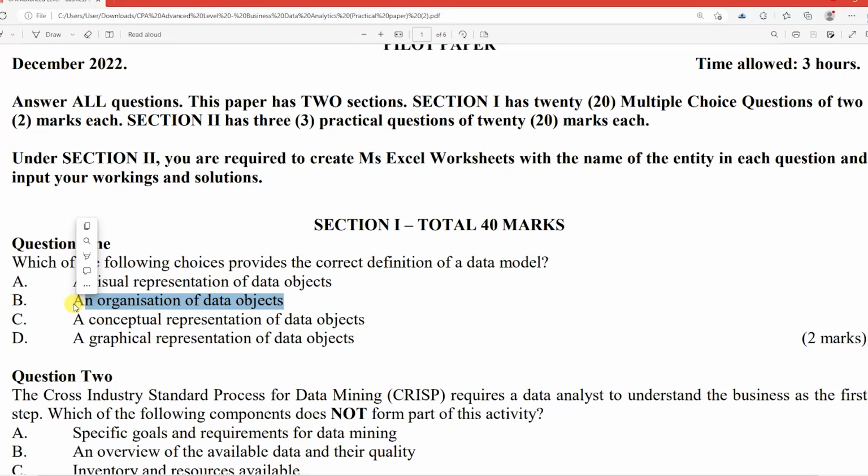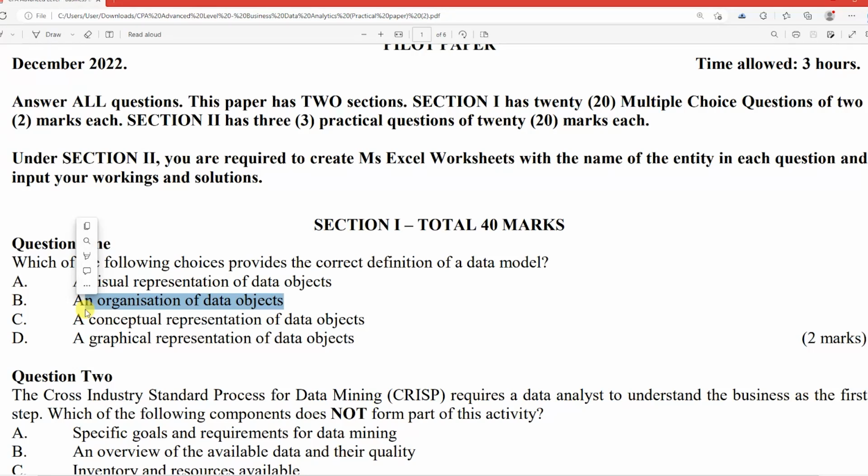It is not a complete definition of a data model, but it is just one of the components, because a data model defines the structure and organization of data objects, their relationships, their constraints, and so on. However, it also includes additional elements such as rules for manipulation, properties, and metadata.